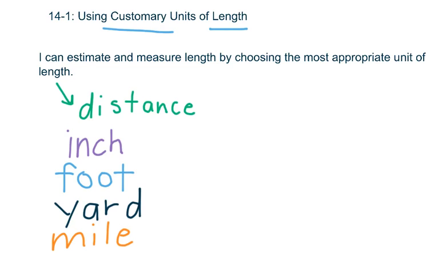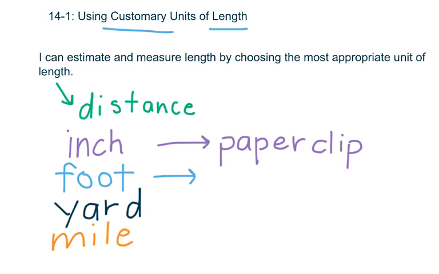Sometimes thinking about these lengths can be a little bit tricky, so it's good to have other pictures of other objects in mind that would help you understand how big or how small each unit is. So when you think about an inch, you should be thinking about the size of a paper clip. These are estimates, by the way.